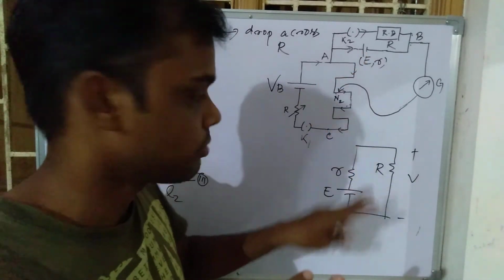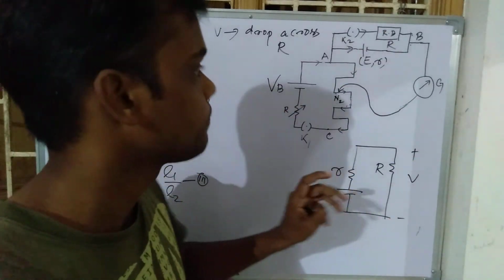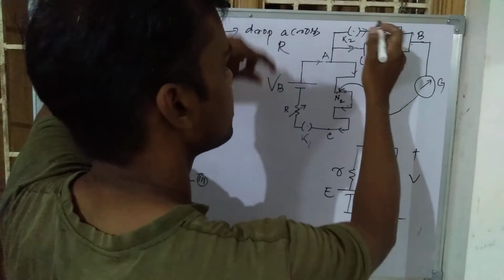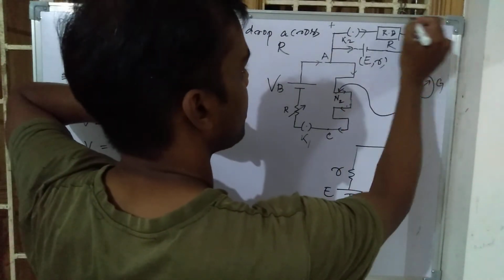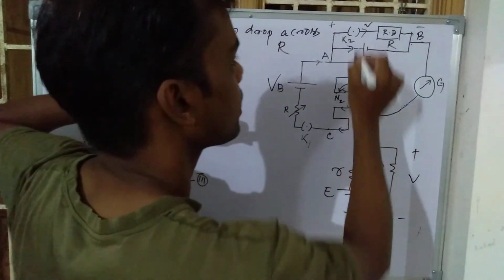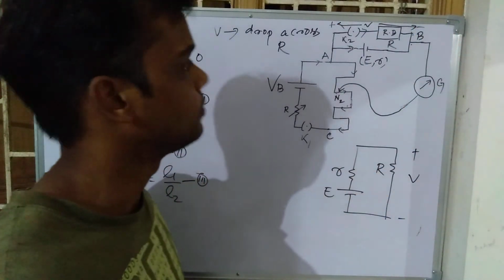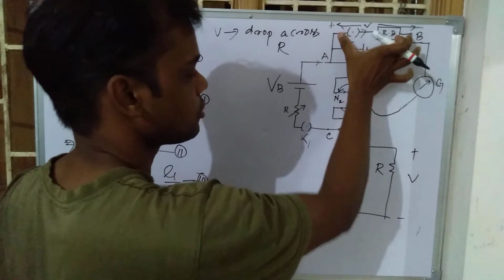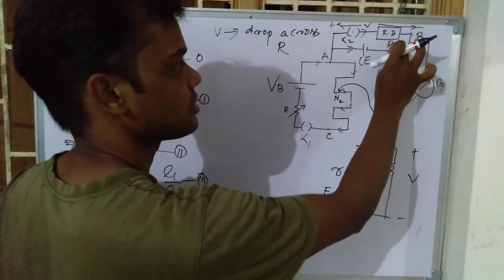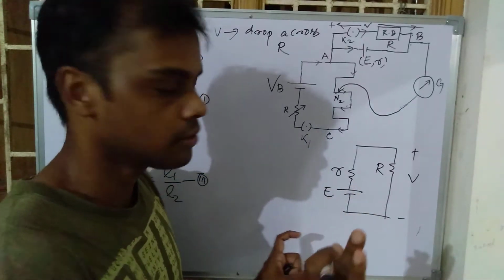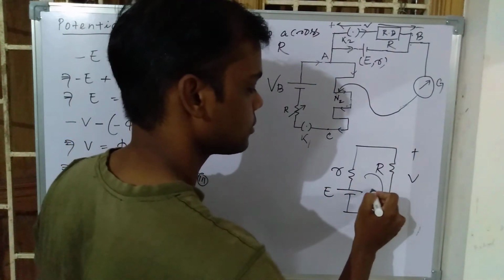Only difference is that, but the figure is the same. Here the potential drop is V, here is also V. I have not written it here, but plus minus V. This is drop V, this is drop V, this is R, this is R, this is cell EMF E, r, everything is okay, and current flows like this.